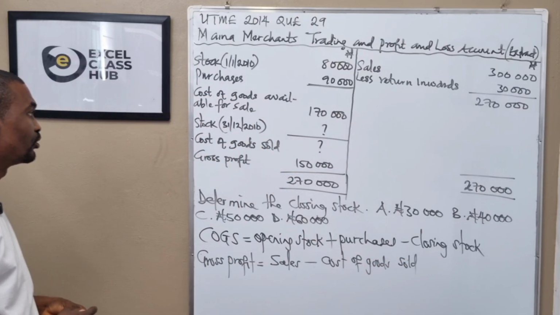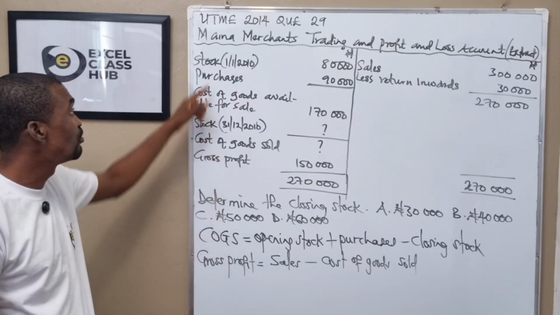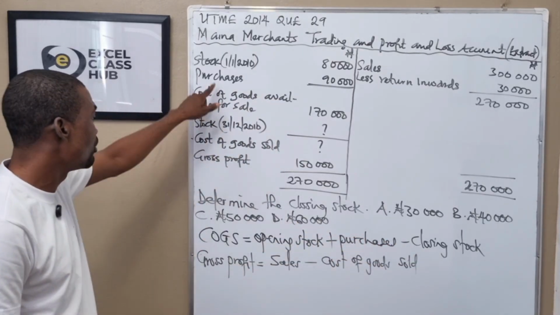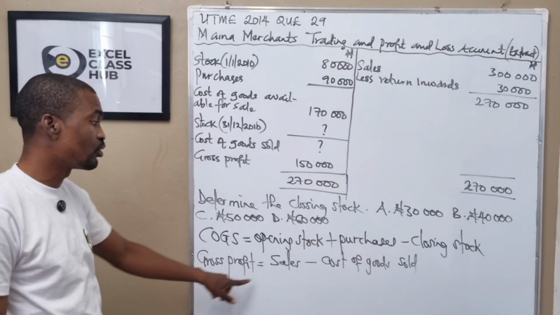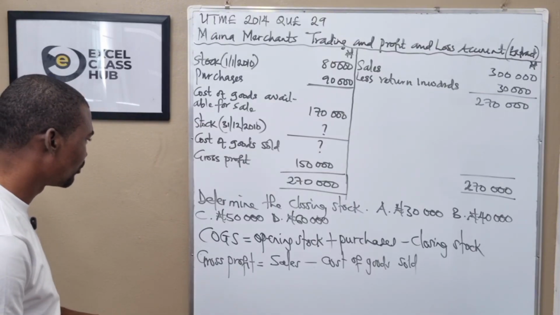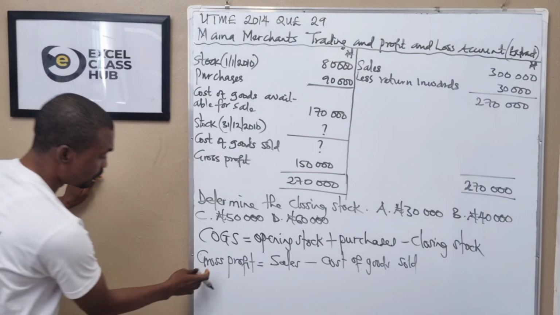Now, in this question, we're not given cost of goods sold, but we're given opening stock. We're not given closing stock. We're given purchases, gross profit, and sales. So the first thing we do is this. Our gross profit, which is 150,000, we'll put it down.